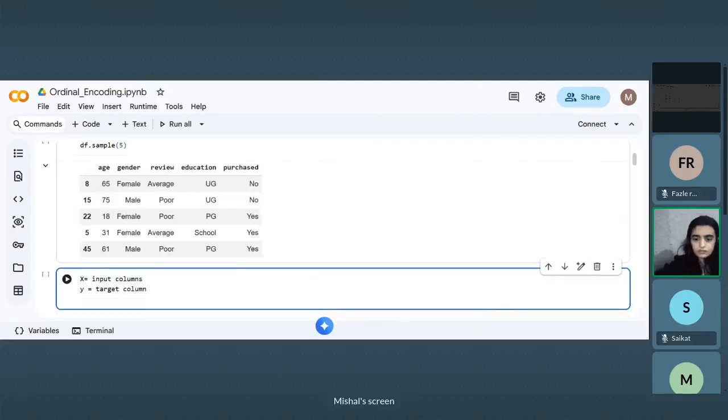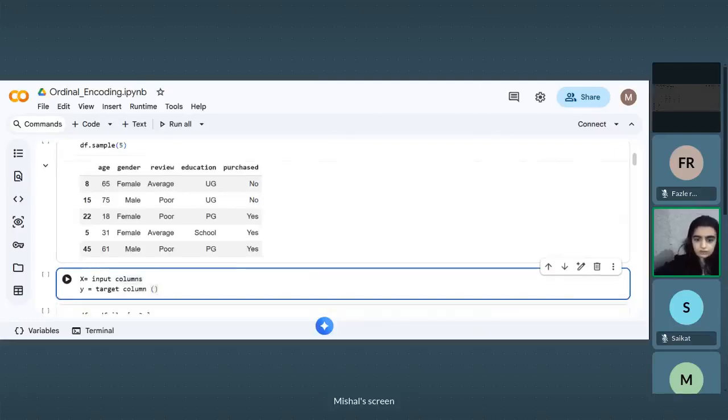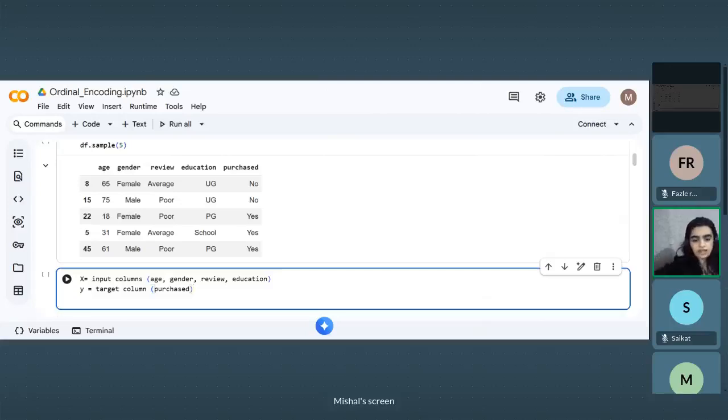So here we will have purchased, and here we will have all of them: age, gender, review, and education, like this. After it, we need to split them into train and test. So we will have X train, X test, Y train, Y test.